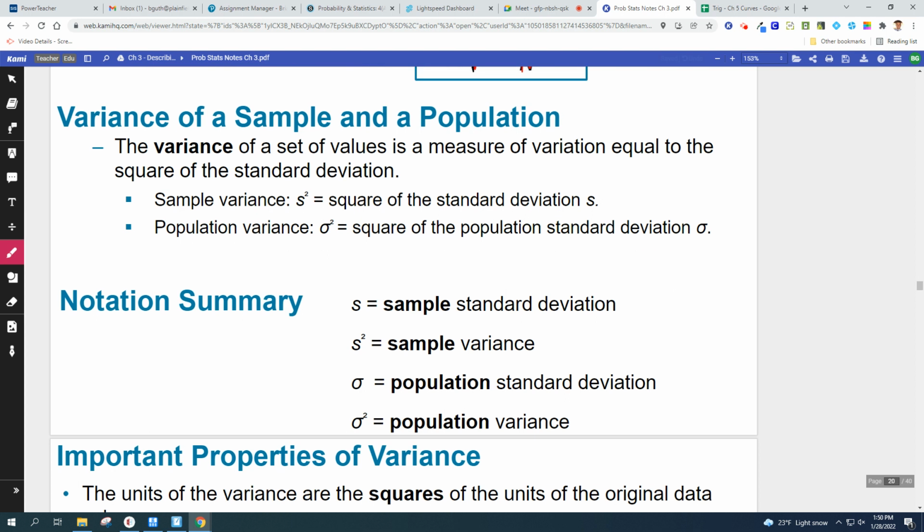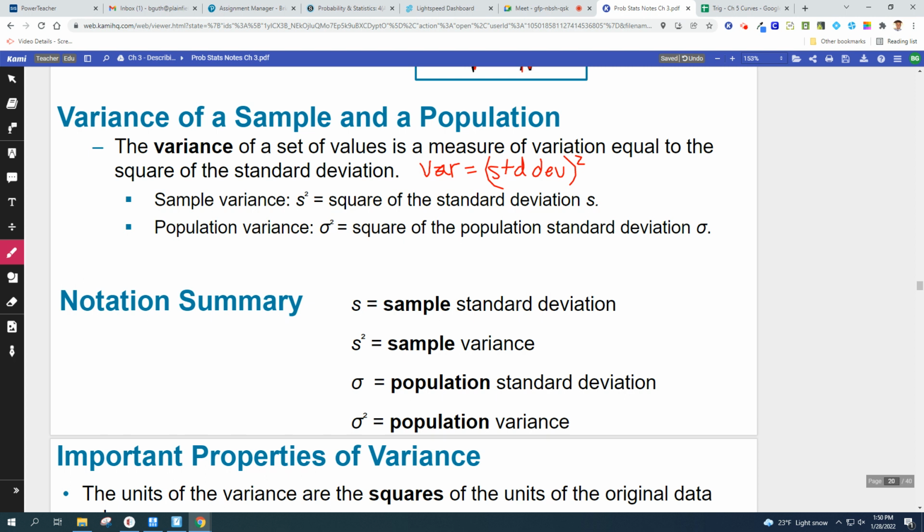Variance of a set of values is a measure of the variation equal to the square of the standard deviation. So they're saying variance equals standard deviation squared. That's what they're saying, okay? But I always remembered it a different way.